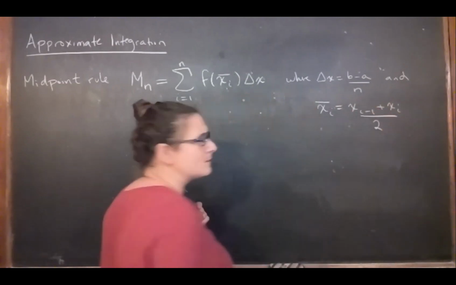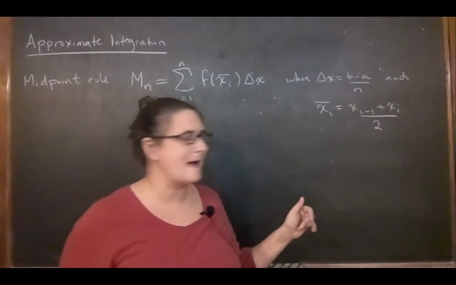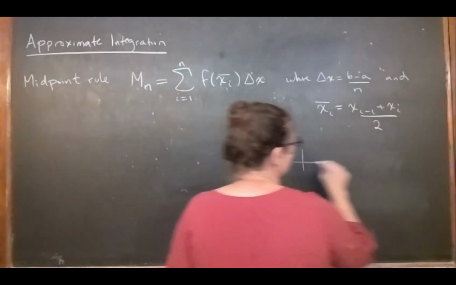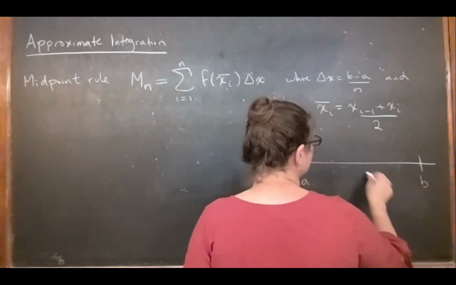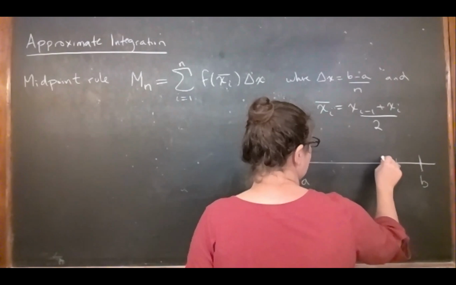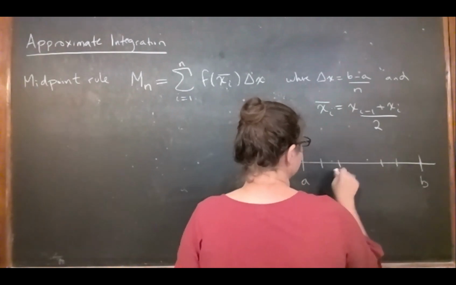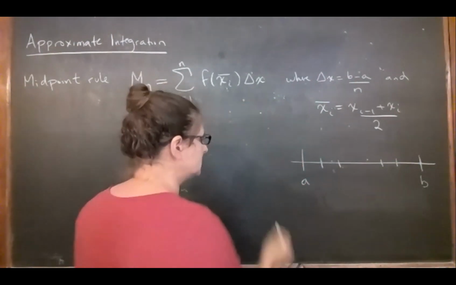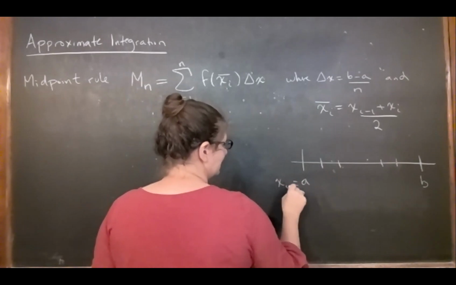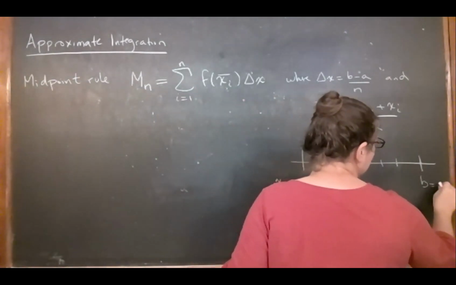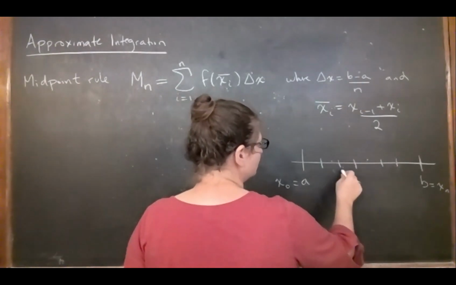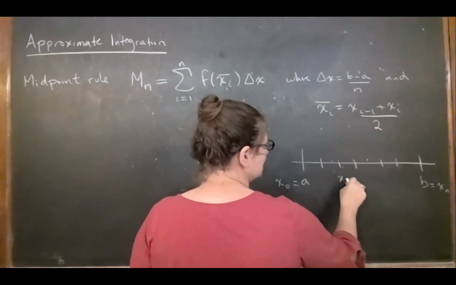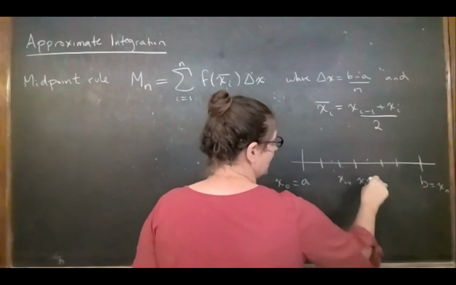So if you remember how we did this way back when, we would take our interval from a to b and we divide it up into n subintervals, right? And the way they were indexed was the beginning one was x_0, the last one was x_n, and sort of your arbitrary interval in the middle went from x_{i-1} to x_i.